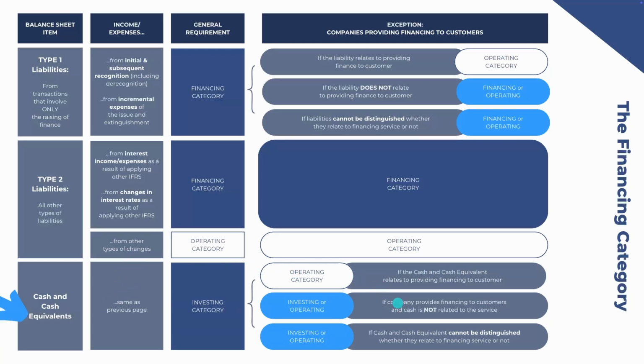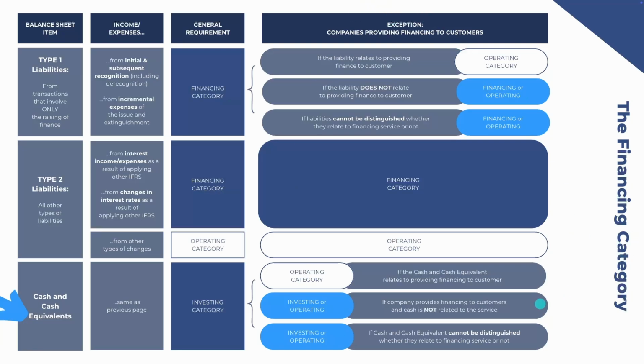If the company assesses that the cash and cash equivalents are not related to providing financing to customers, then you still have an accounting policy choice of putting it in investing or operating. Remember, it is not an accounting policy choice of financing or operating. The cash and cash equivalents would always go to investing, either investing or operating, even though they fall under a different exception.